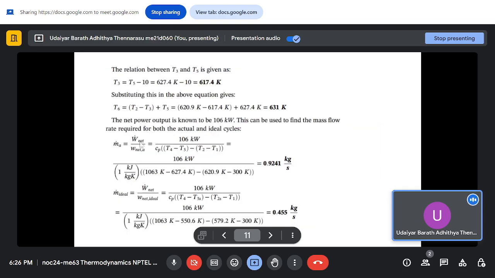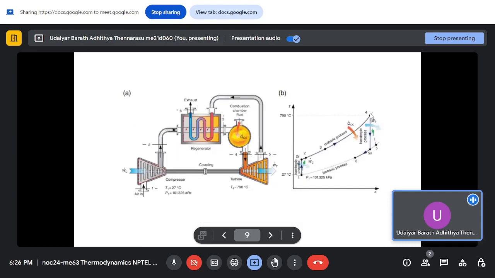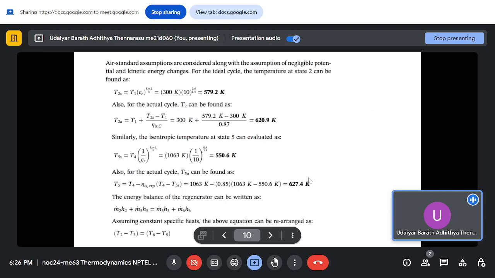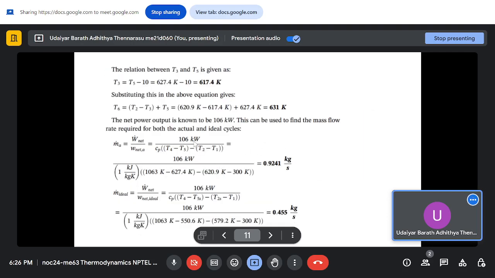So your work expression for the Brayton cycle is your turbine work minus compressor work. So m dot A into (H4 minus H5s) minus m dot A into (H2s minus H1), and then you write it in terms of pressures, temperatures.